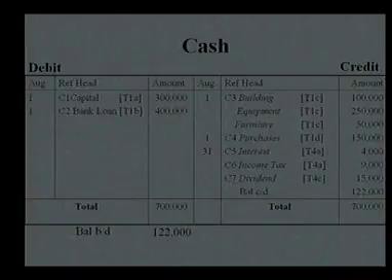Now, what does this 122,000 mean? It means that as of this particular date, the company is having a cash balance of rupees 122,000. That means this much money is available in the cash box of the company.